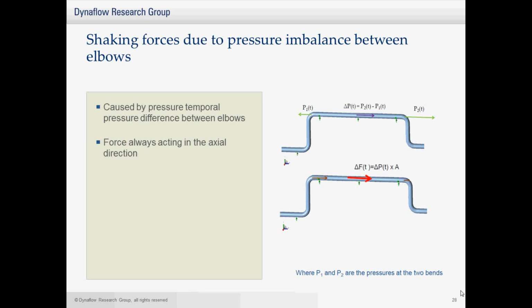If the pressure at P2, for example, is much larger, which can happen when you have pulsations traveling through your system, there's an effective unbalanced force, or shaking force, trying to move the whole pipe towards the right. Because the pulsations fluctuate from positive to negative, we call it shaking forces, because it attempts to move the pipe to the right and to the left and back and forth. Okay, and these forces always act in the direction of your pipe.